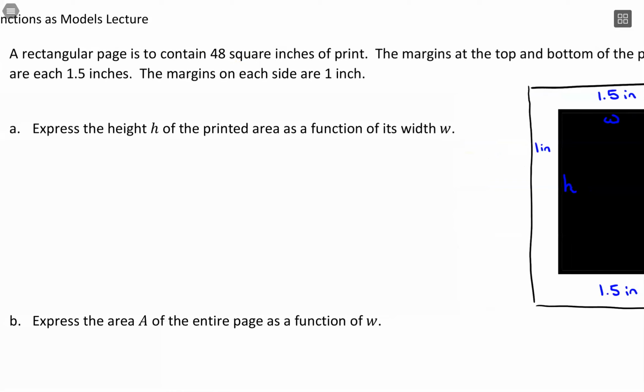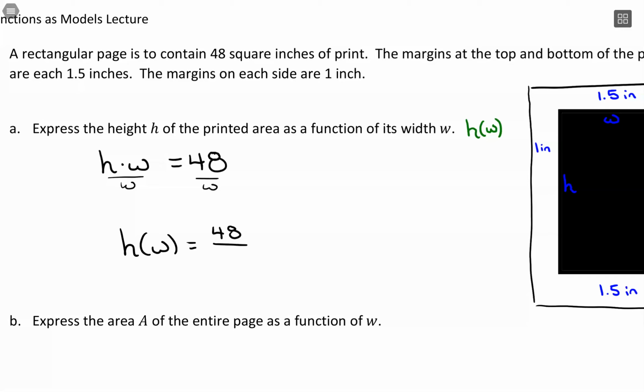So if we take H times W, that should be 48. It's the area of that rectangle. What I want is to express height as a function of width, so I want to find this H of W. I'm going to solve for H by dividing both sides by W. So I'd have H of W equals 48 divided by W.